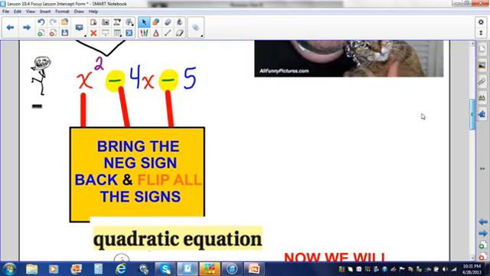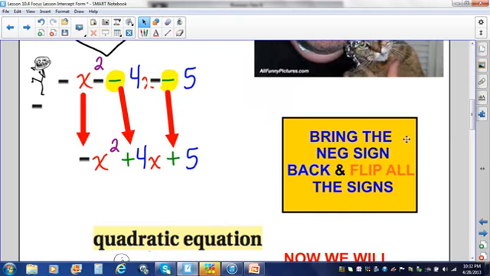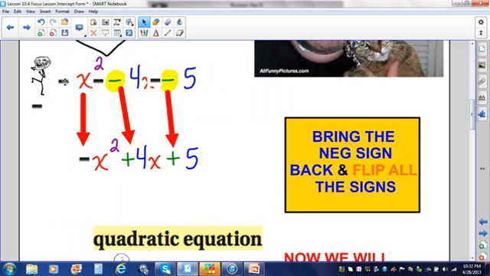So we are going to bring the negative sign back, and we're going to flip all of the signs, because basically what you're doing is you're distributing that negative with every single term. So this x squared becomes negative x squared.